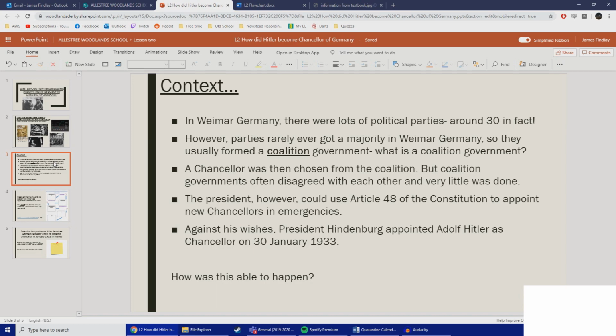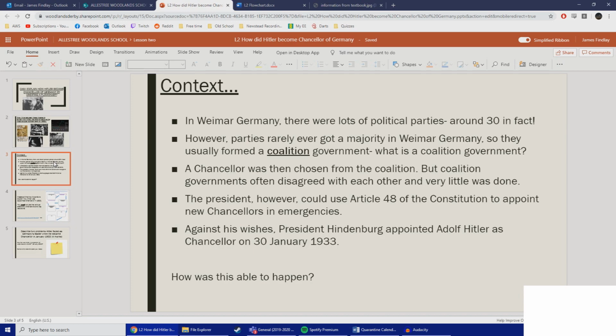And it was really rare in Germany for parties to get a majority, sorry. So they rarely ever gained complete control of the government itself. If you've got a majority, then that means you have enough votes in the Reichstag in this case, or the House of Parliament, to get your policies put straight through.